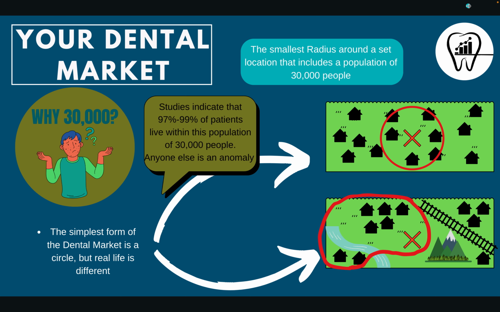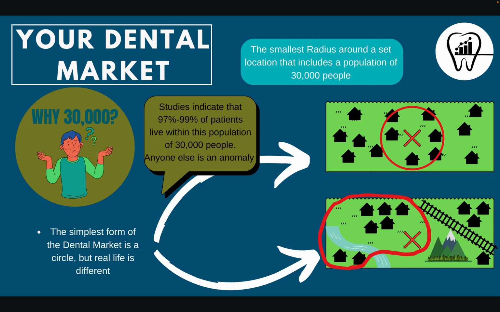The next thing I wanted to talk about is your dental market. So once you've defined what kind of population you want to work with, what kind of dentistry you want to offer, you then have to determine what your dental market is. And the dental market is defined as the smallest radius around a specific location that will include the closest 30,000 people.